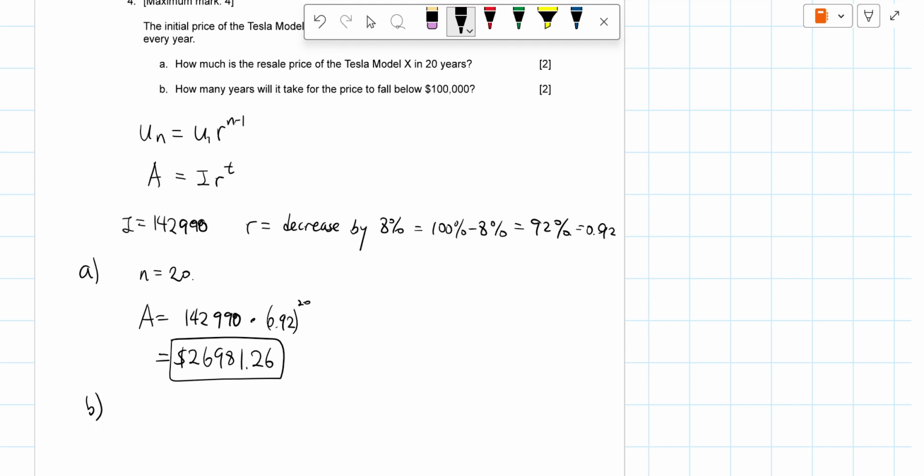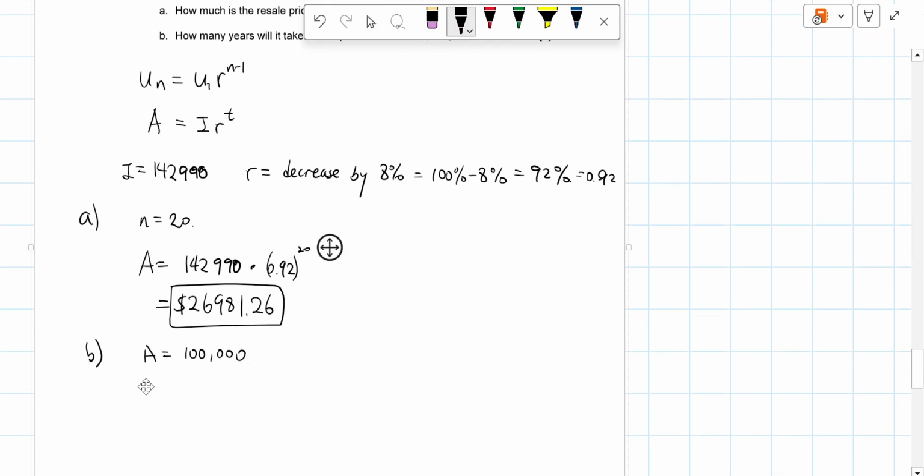Part B. How many years will it take for the price to fall below 100,000? Well, to solve this question, this time I want my A value to be 100,000. So this time I don't know N, so let's plug in the formula once again.